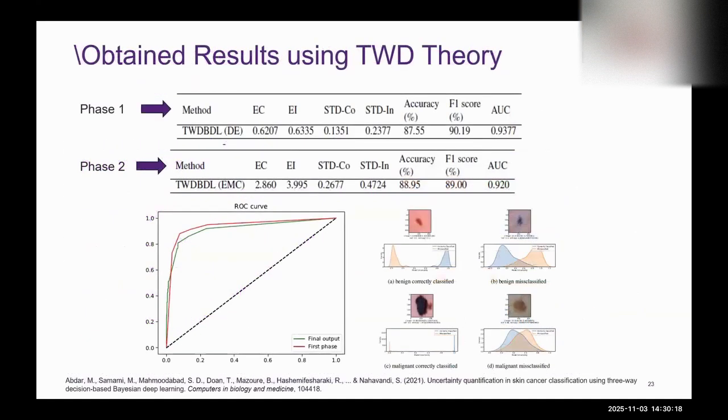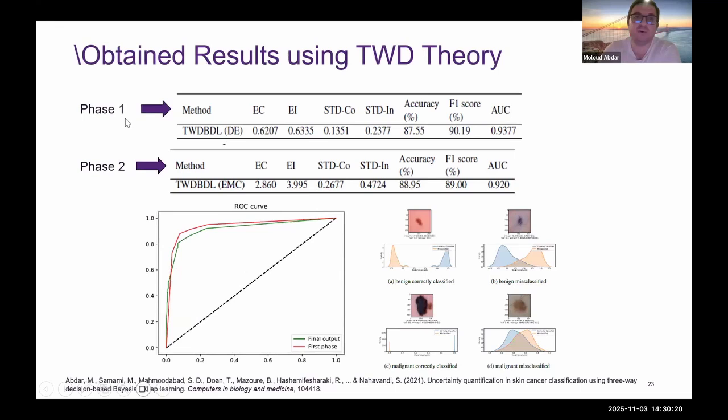So here we had two phases of evaluation, and you can see that in the second phase, accuracy improved a little bit, while AUC and F score were a little less than in the first stage.